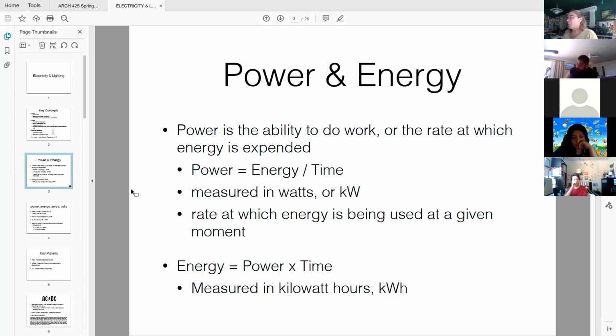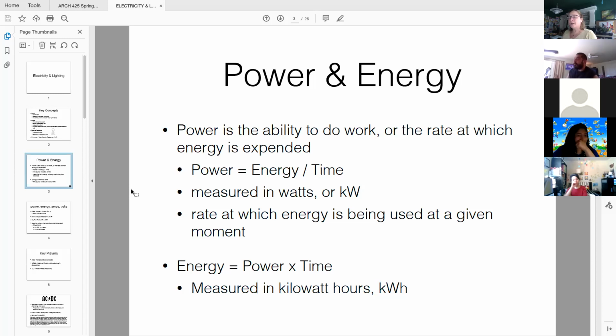Okay, so power in terms of electricity is just that instantaneous measurement. But energy, which is like the load, the heating or the cooling load, which is BTUs per hour, in electricity it's kilowatts per hour.